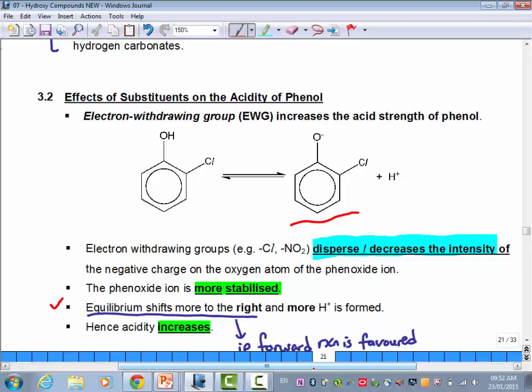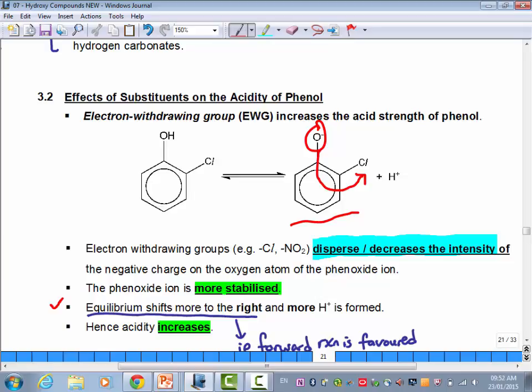So now after acid dissociation, right? This is the electron withdrawing group. So whatever electron density up here will be drawn towards Cl via the benzene ring. Correct?